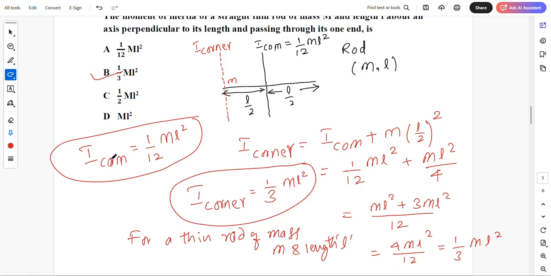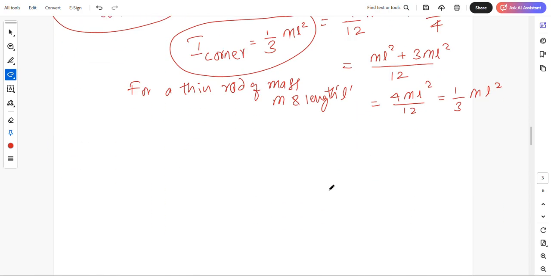I COM is 1 by 12 M L square. I corner is 1 by 3 M L square. Hope you have understood. 1 by 3 M L square is the right answer for this one. We will see the next problem.